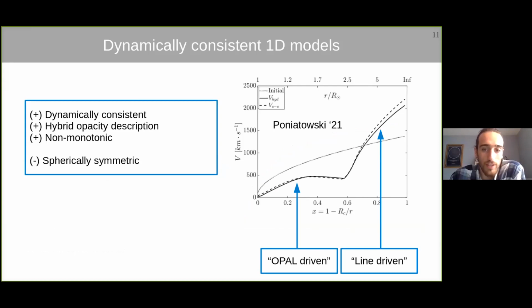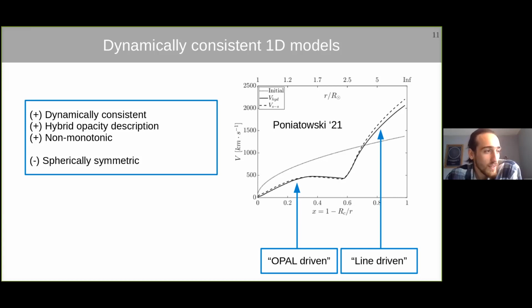These are models that Luca computed using a new type of description for the opacity, to which I will come back later. We call this a hybrid opacity description, where we basically combined line driving in the outer wind with the typical static OPAL opacities in the inner wind.